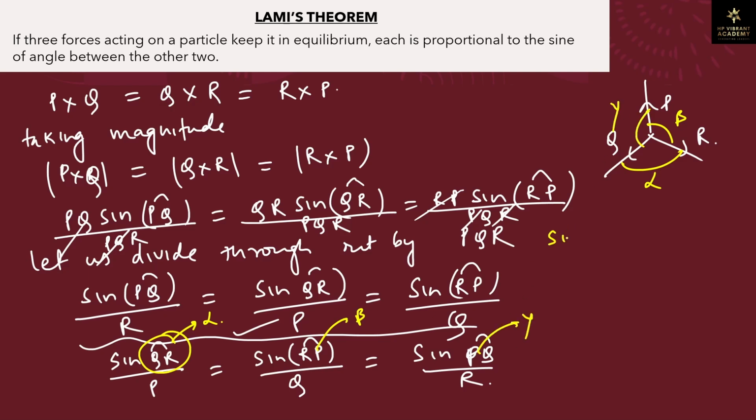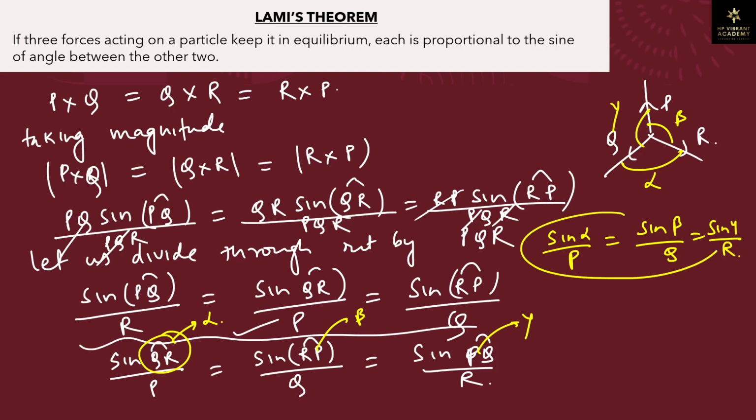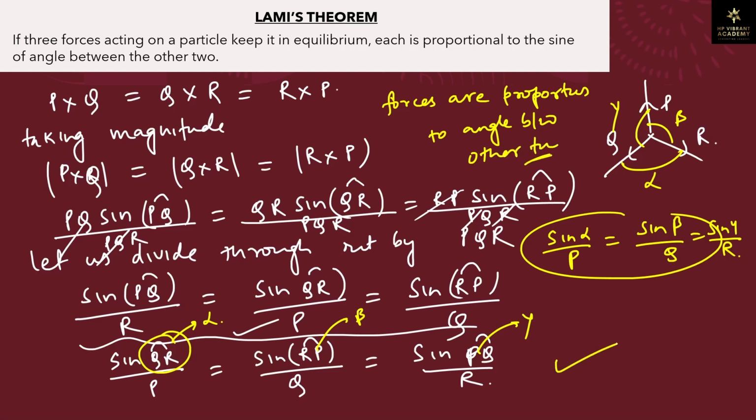So we have sine of alpha upon P is equal to sine of beta upon Q is equal to sine of gamma upon R. So each force is proportional to the sine of the angle between the other two.